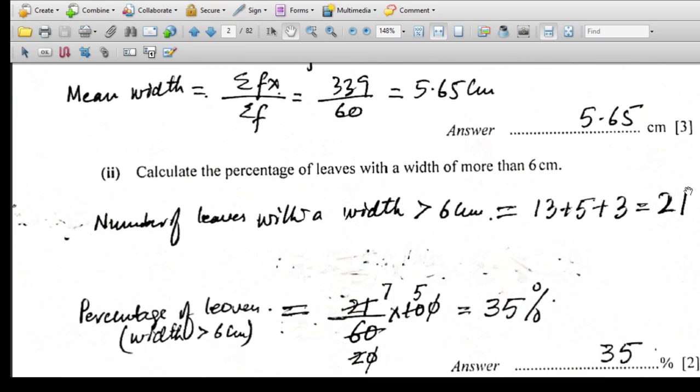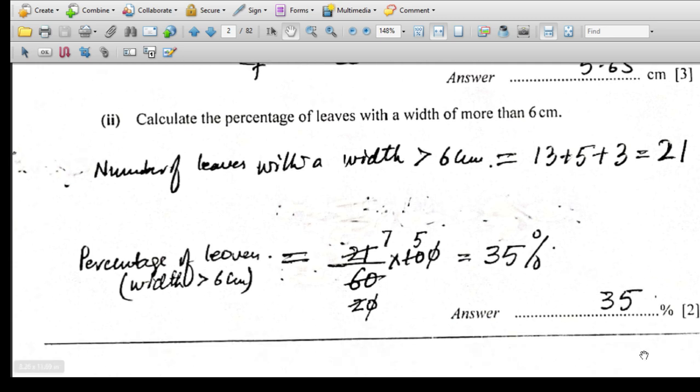So there are 21 such leaves. We divide 21 by the total frequency, which is 60, and multiply by 100 to get the percentage. So 35% of the leaves have a width greater than 6 centimeters. The answer is 35%.